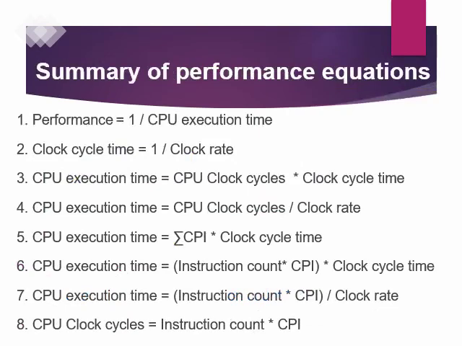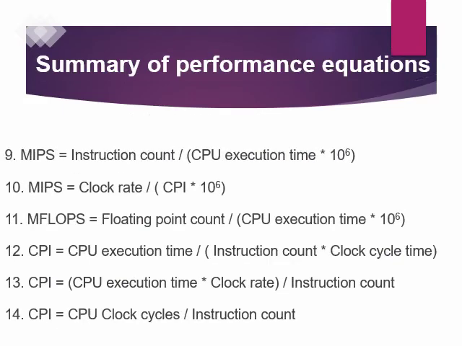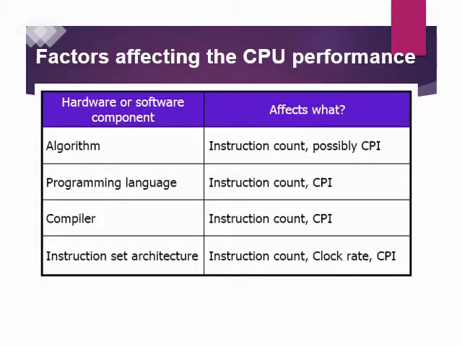These are the summary of performance equation. No worries. Understand what the formula is, what the data means, get the unit, do some cancellation, you get your answer. The second page. To remind you again, there are several factors affecting the CPU performance.